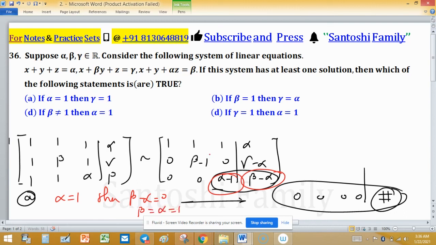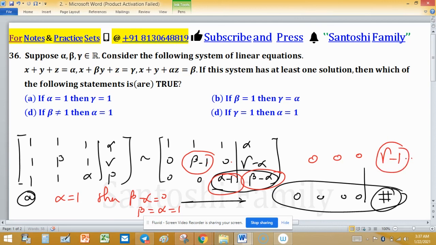So beta is 1, and putting beta equal to 1 here, this entry will be 0. So this is 0 0 0 0 0 0 and gamma minus 1. So gamma must be 1.